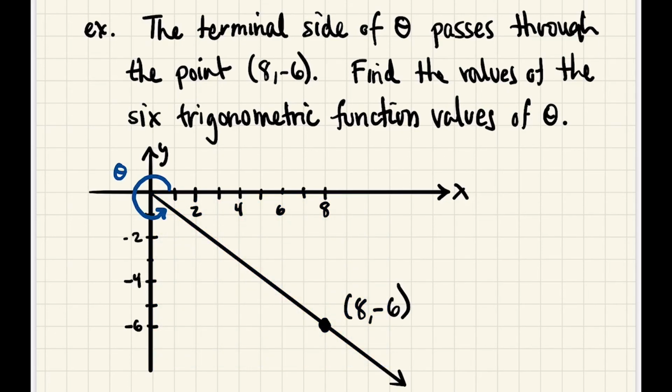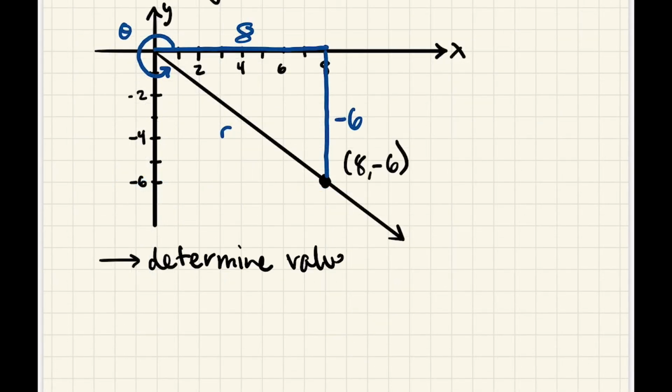So we have our x, which is 8. We have our y, which is -6. And we can calculate our r. Well, we know that r is the square root of x squared plus y squared.